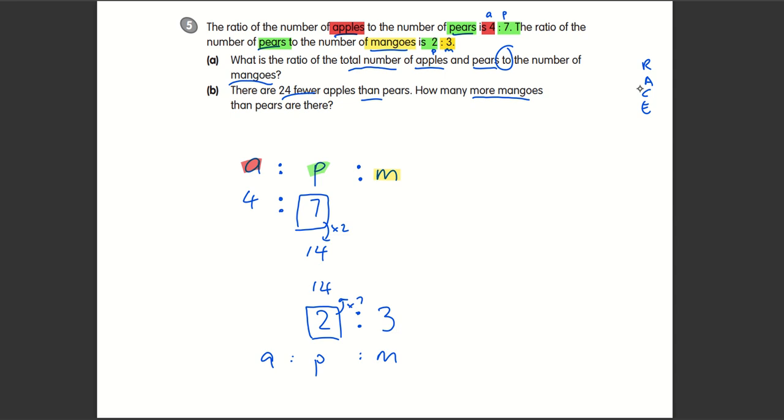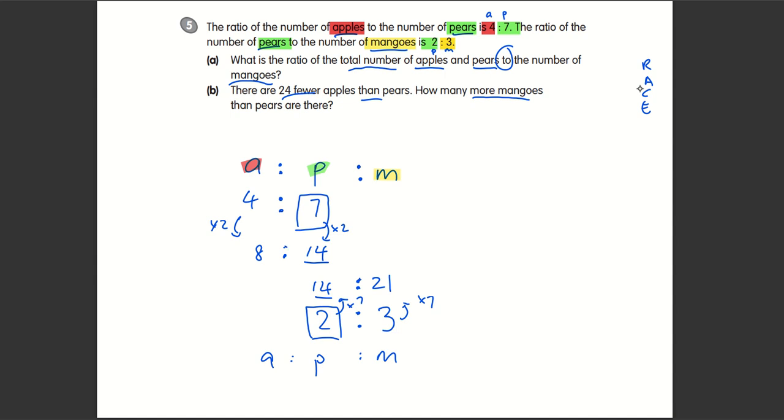So that gives me that common identity, 14. Then for mango, I must multiply by 7 as well. So 2:3 becomes 14:21. And then for apples and pears, from 4:7, it becomes 8:14.